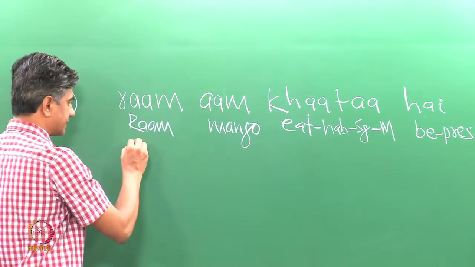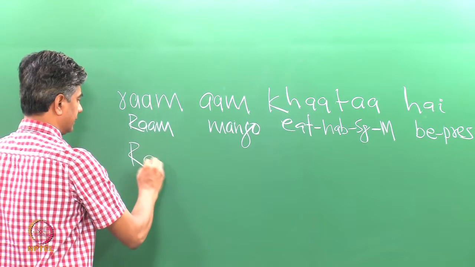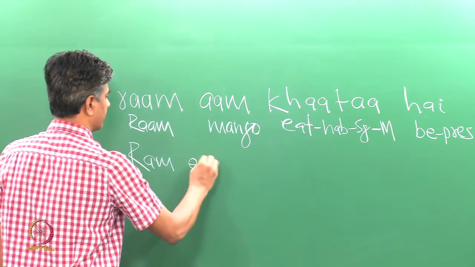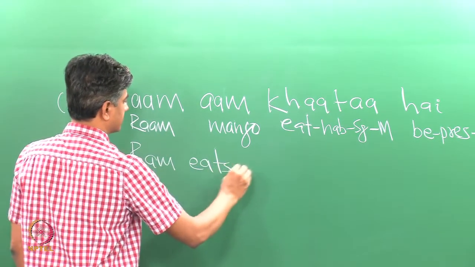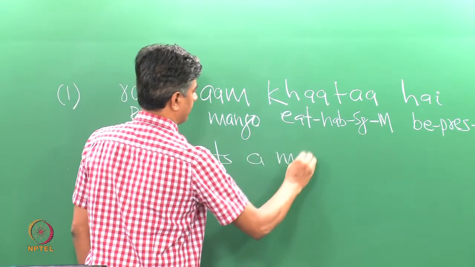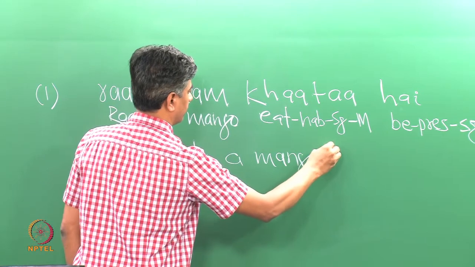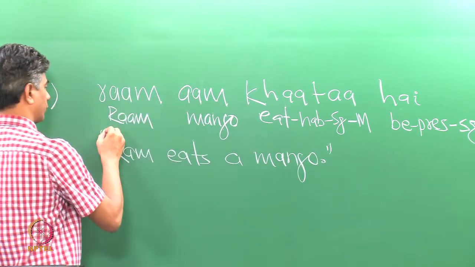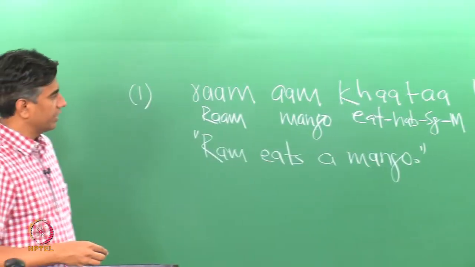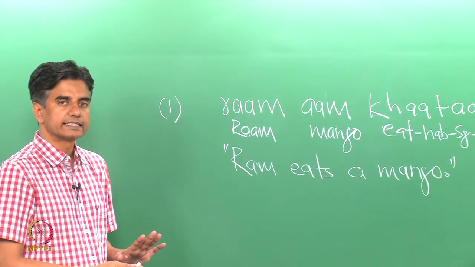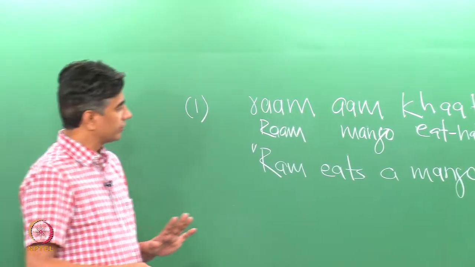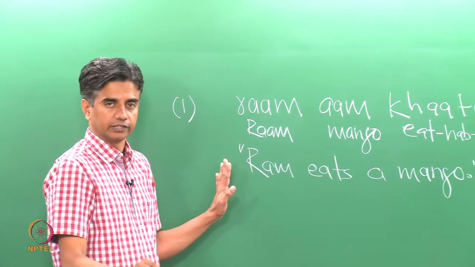And then this sentence is: Ram eats a mango. This is the way to represent sentences which are from languages other than English.